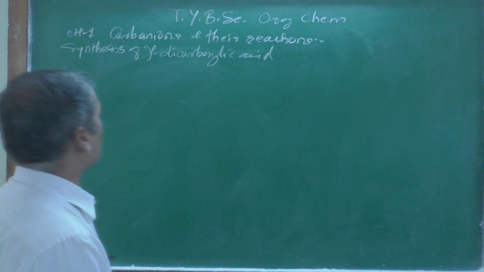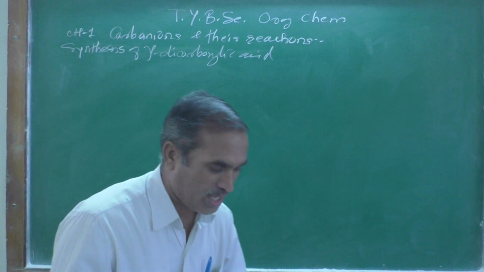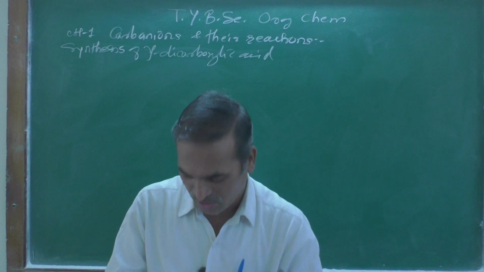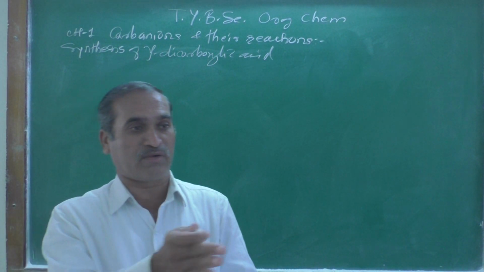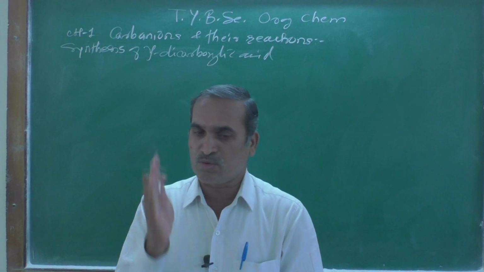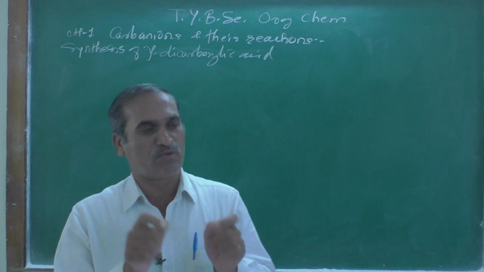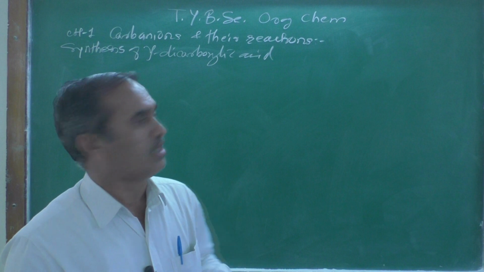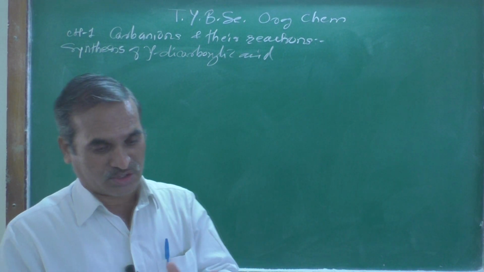Now we are going to synthesize gamma dicarboxylic acid, using malonic ester. The question may be asked in an exam like this: how will you prepare dicarboxylic acid in the laboratory using malonic ester?